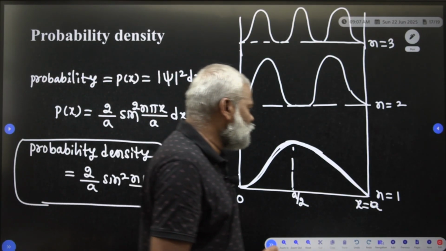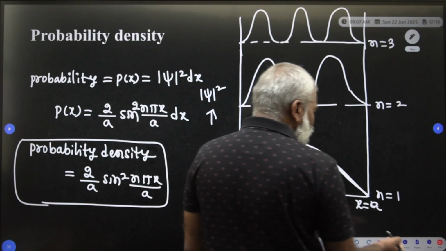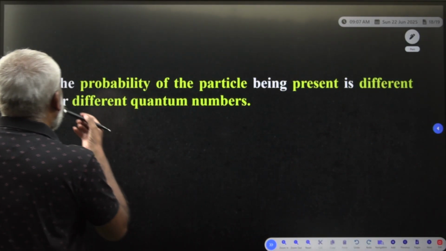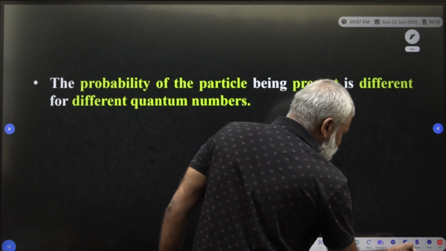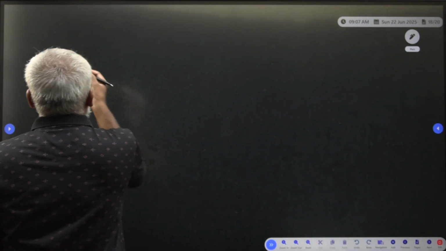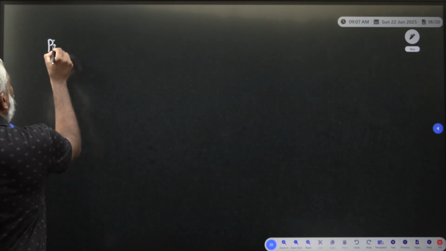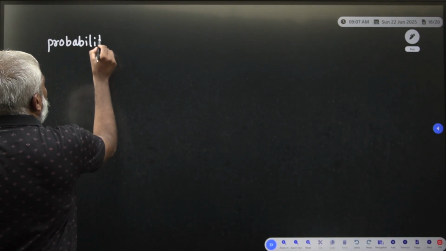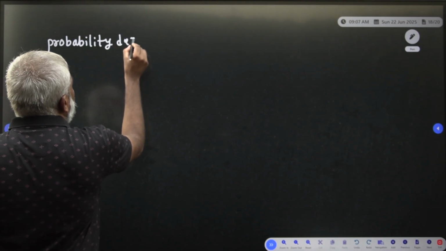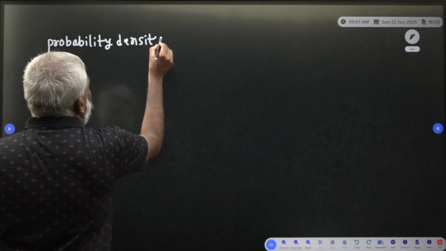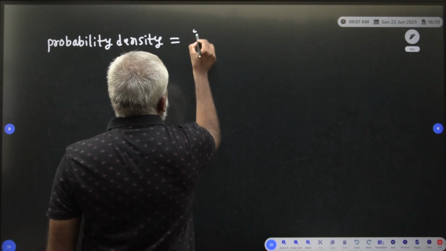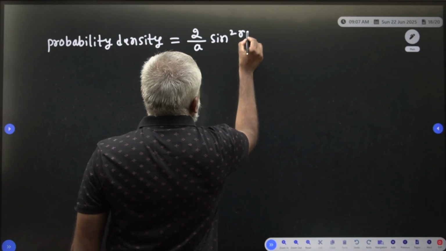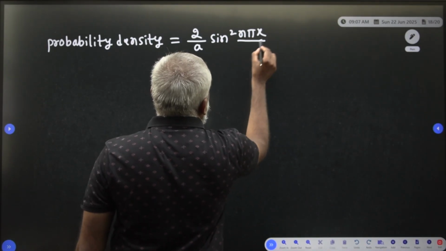When will the probability density be maximum? Let us see. The probability density is equal to 2 by a into sine square n pi x divided by a.